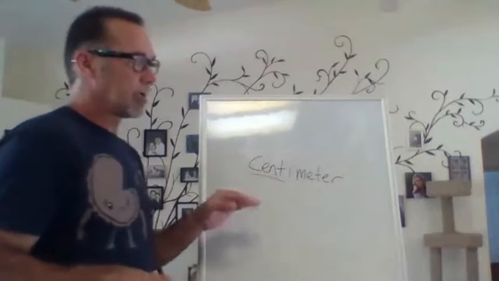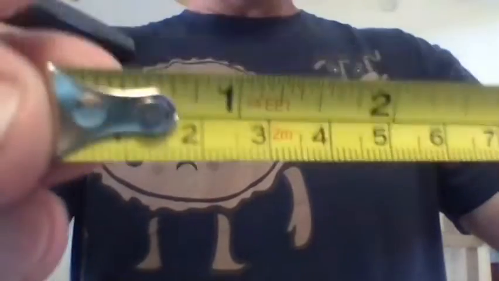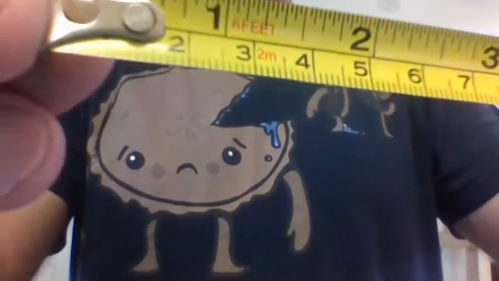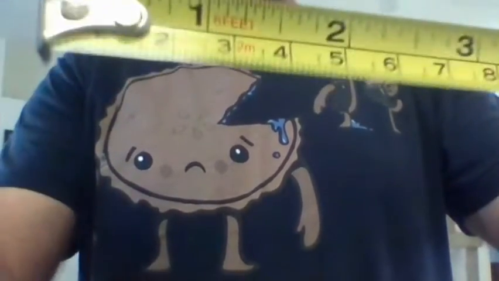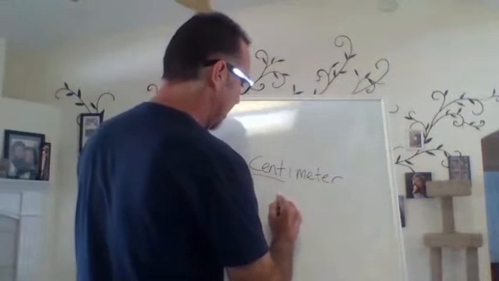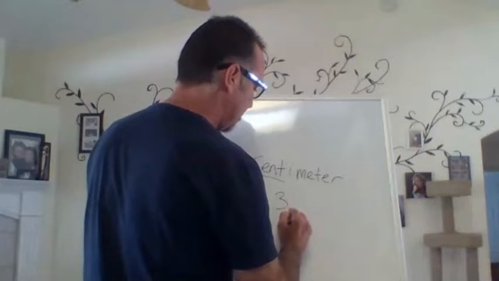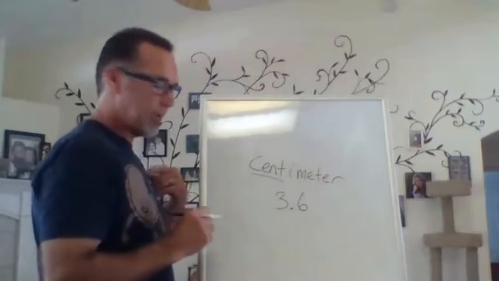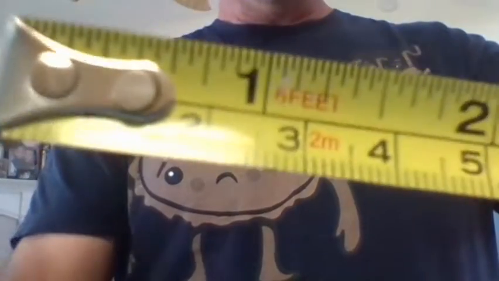Okay, so centimeter is handy because let's say that we had parts of a centimeter and parts of another centimeter. In other words, if we had, say, for example, 3.6 centimeters, if we look at a centimeter stick-ish, got it?